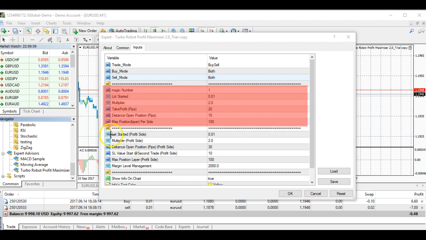So if your trade, in buy mode or sell mode, is profitable, these settings will affect this particular area. So with the settings for your profit, you are always securing your profit in this position.